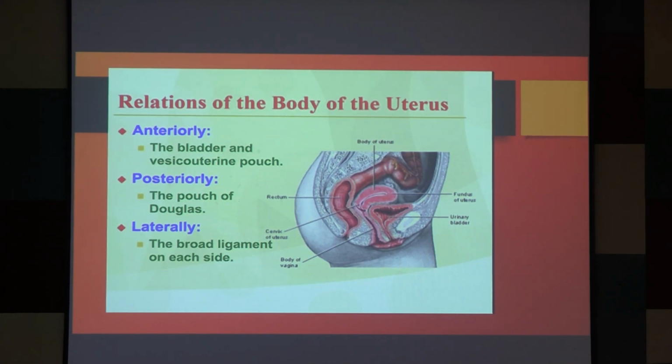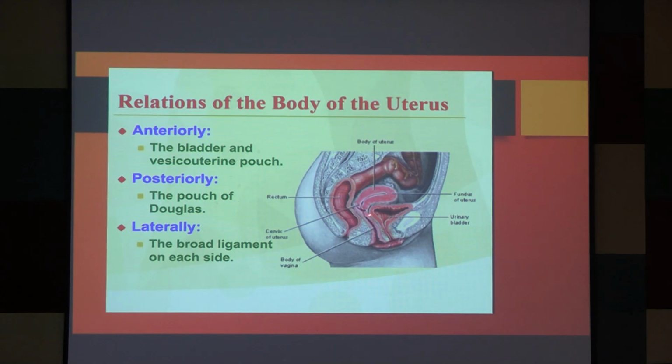Nowadays upper segment cesarean section is usually not done, because the body is very thick and very vascular, but the lower segment is thin. You do not even have to cut, you can split the fibers, because circular muscle fibers are mostly found in the isthmus, so bleeding is less.